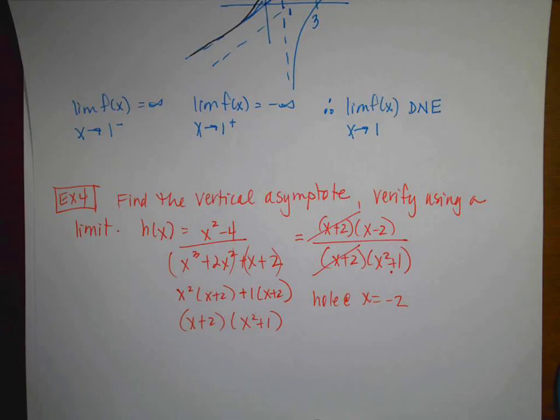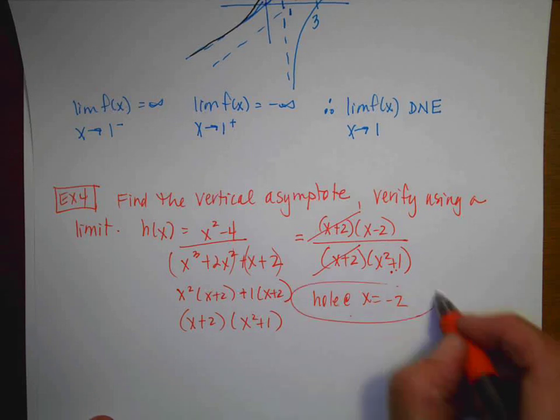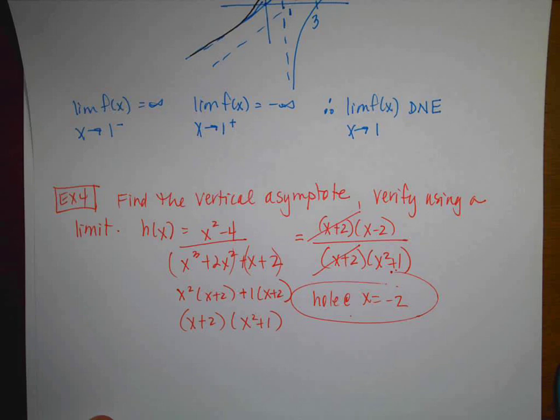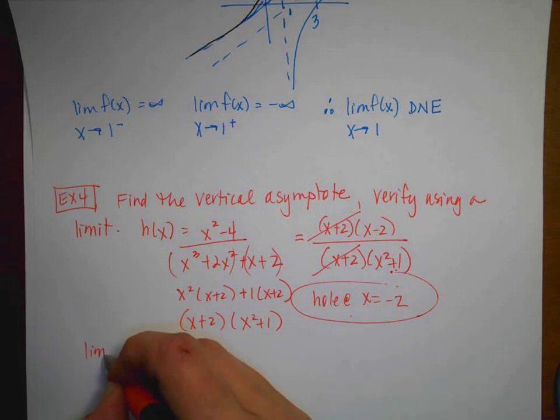Okay? All right. So now that I know that, I know I don't have any vertical asymptotes. I know that I have a hole at x is equal to -2. And so now what I'm going to do is look at the limit as I approach the hole. So technically it's not a vertical asymptote, but we're going to use our appropriate math words.